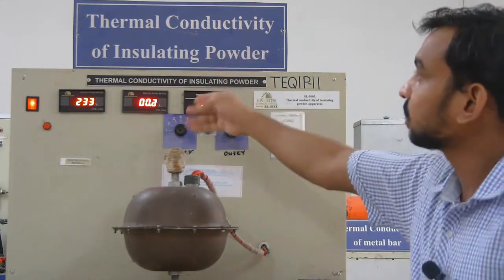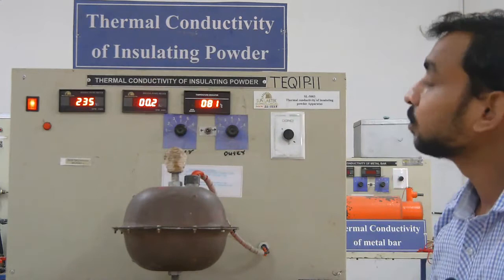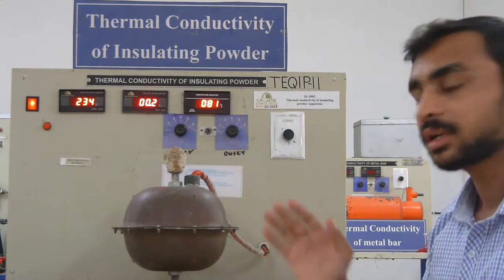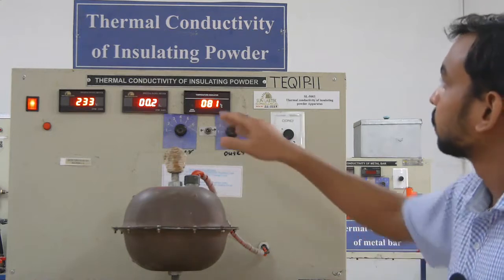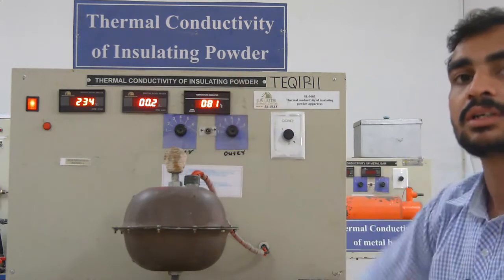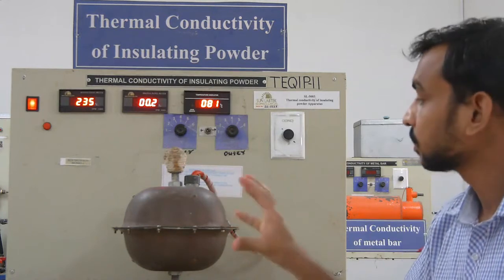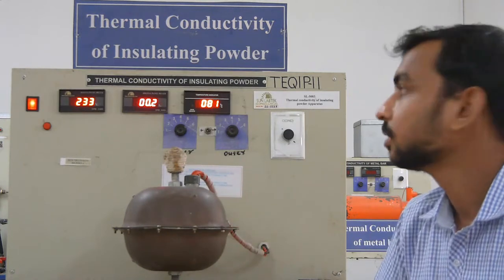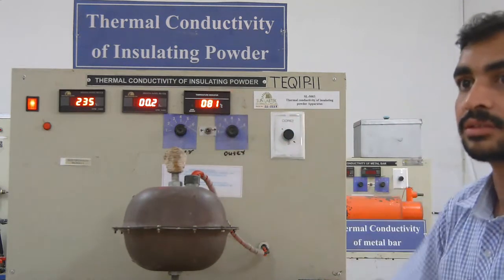The third one is the ammeter, which is showing 0.2 ampere in the present case. Next is the digital display of the thermocouples placed inside this copper sphere. At present it is showing 81 degrees Celsius.